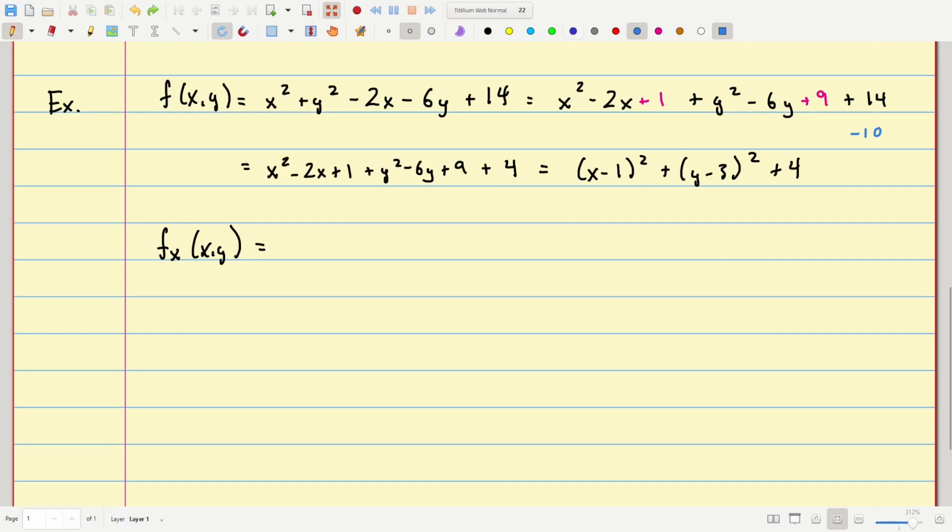We can either do it in the term-by-term format given to us by this, in which case we think of this as just 2x minus 2. Or we can do it by differentiating this and using the chain rule, which is also super easy, because everything else is 0.